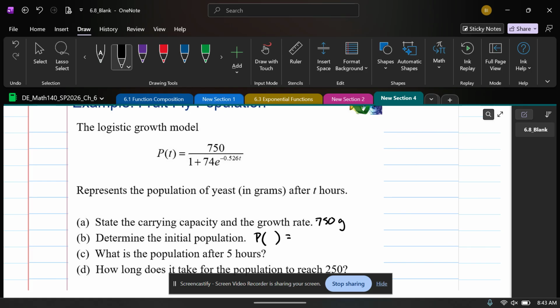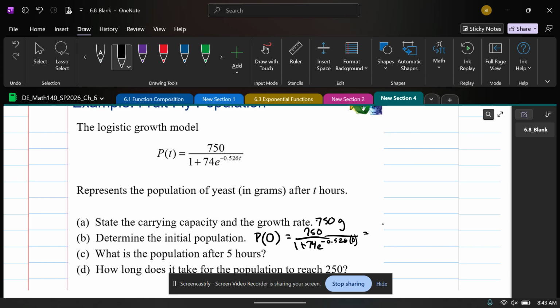What do I plug in for T for the initial population? How much time has passed when we start? 0. We're plugging in 0 for T. Okay? So we're doing 750 over 1 plus 74 e to the negative 0.526 times 0.